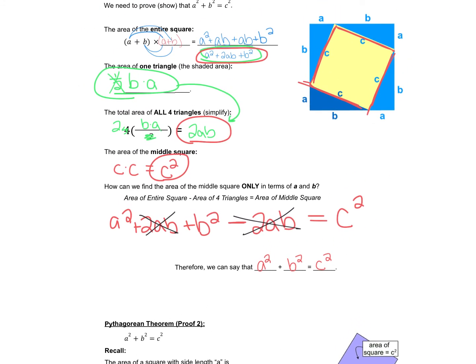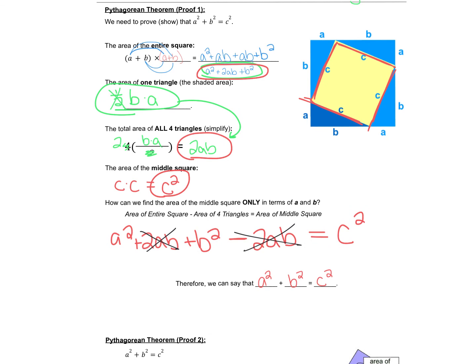Okay. Now, why were we able to take this formula? I understand all the pieces, but why did we come up with this formula, the area of the entire square? So if I want to look at the area of the entire square, this whole thing, and I'm going to subtract the 4 triangles.